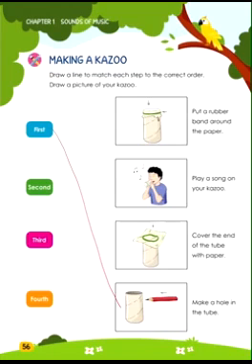Okay, what is the second step? Yes, cover the end of the tube with paper. Very good. What is the third step? Yes, put a rubber band around the paper.